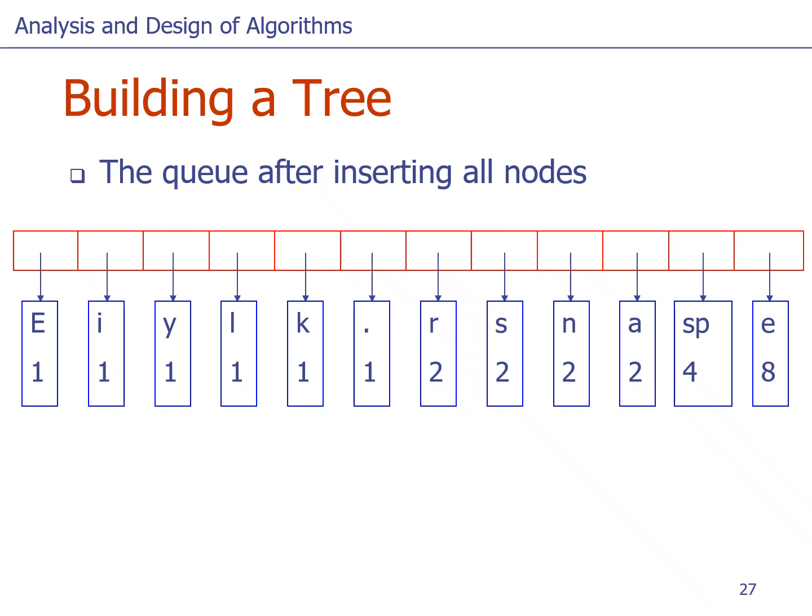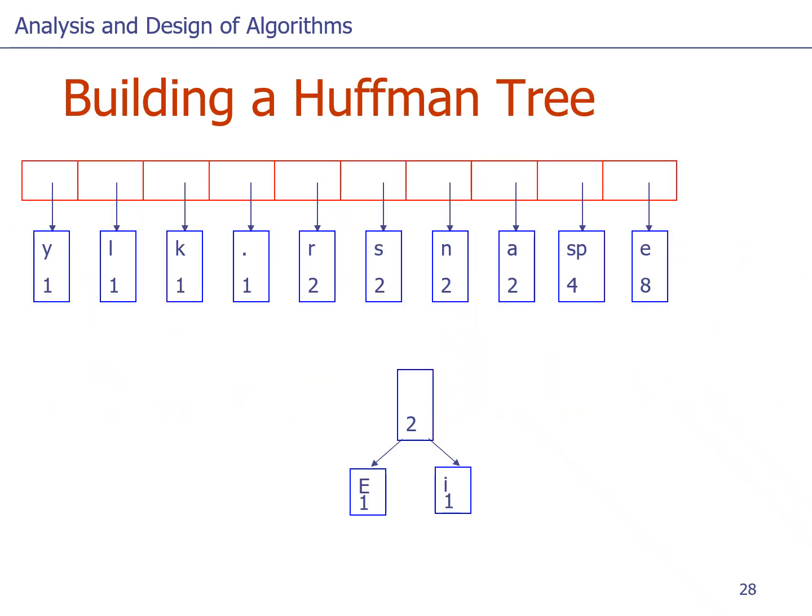What I'm going to do afterwards is the following. I will dequeue 2 nodes from the priority queue, and that's why you see the capital E and small i disappeared from the priority queue, because I have dequeued them out. And then I will create a new node that will be their parent, and in the new node I will put the sum of the frequencies.